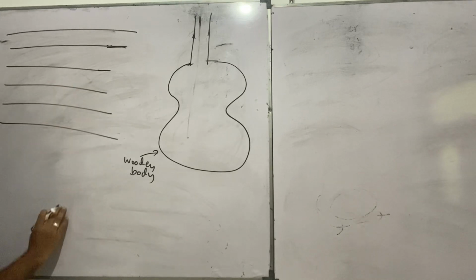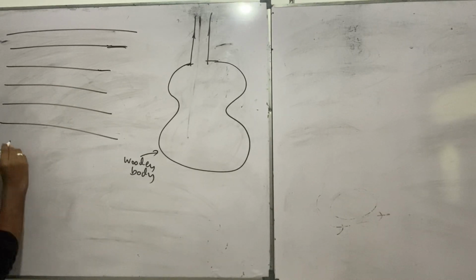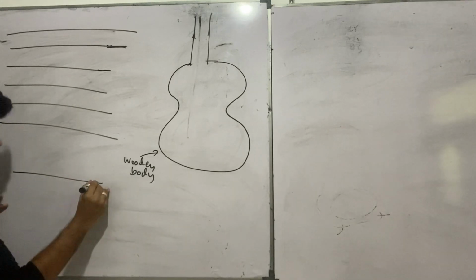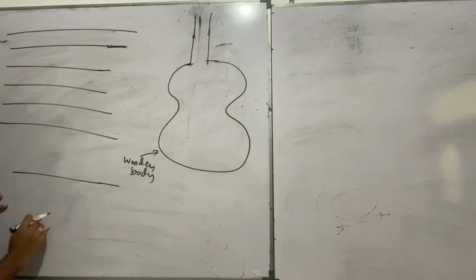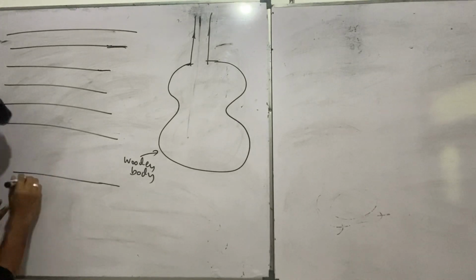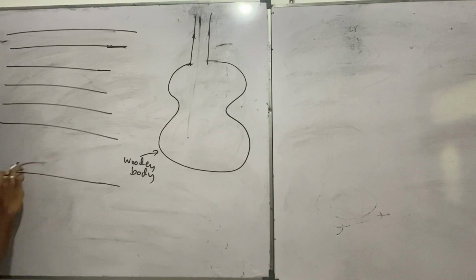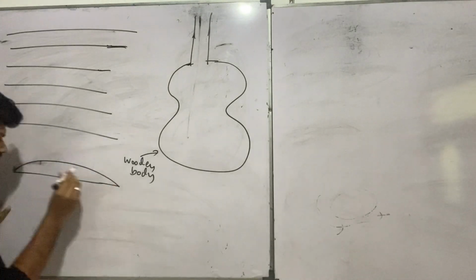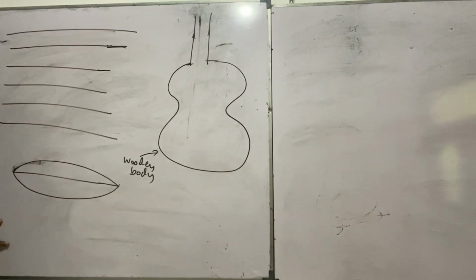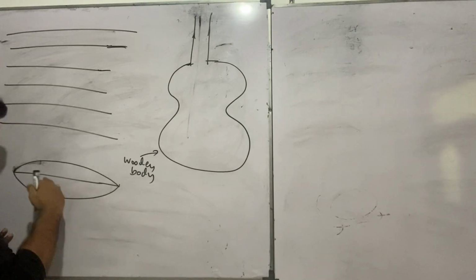Those strings: imagine a single string like this. When you pluck it here, it starts to vibrate in a way like this, and it forms a stationary or standing wave. It's not a traveling wave, or simply it is not propagating along the string.